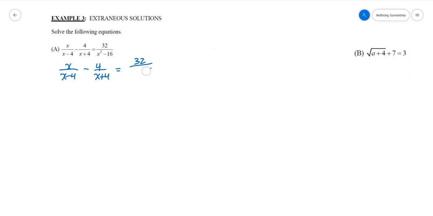X squared minus 16 is a difference of squares, so that's going to be x plus 4 times x minus 4. It's important to have those because identifying those makes it easy to identify what's going to cause some potential issues.